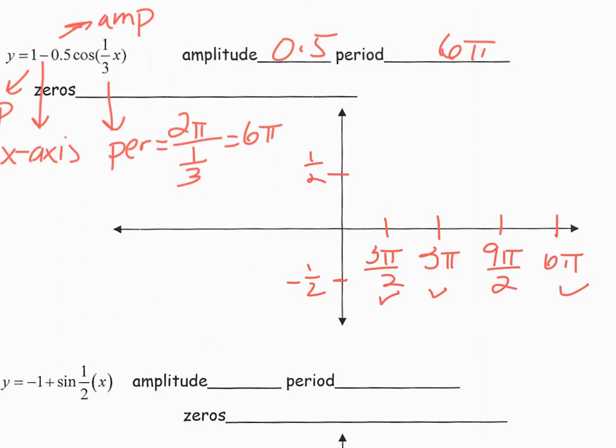All right, and then I'm going to go ahead and draw in upside down cosine because of the x-axis reflection. So instead of being that normal U shape, it's going to be upside down. It's going to start down here, travel up, then back down. Okay, so here's everything except the up 1. All right, now let's bump everything up 1. So if I do that, I'm going to need a couple more points on here. 1.5.